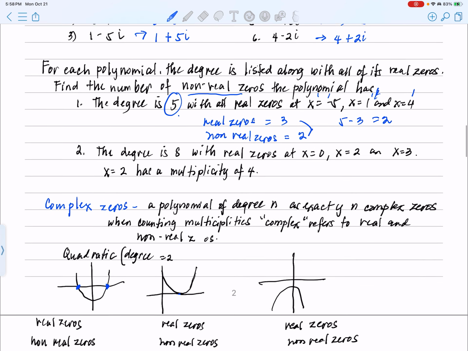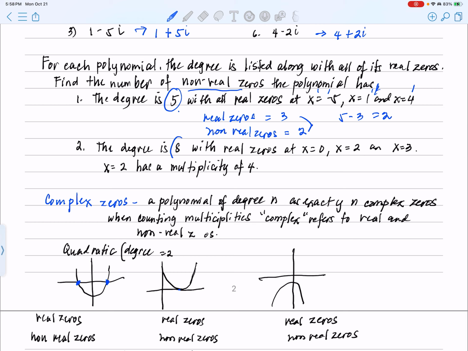Okay? The degree is 8, with the real zeros x equals 0, which has multiplicity 1, x equals 2, and x equals 3. But x equals 2 has a multiplicity of 4, and we have 1 multiplicity for the other.